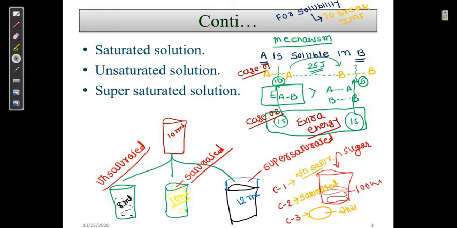So that is what, that is a supersaturated solution. उसमें जो कैपेसिटी है डिसॉल्व होने की उससे भी ज्यादा डिसॉल्व करते हैं, उसको सुपर सैचुरेटेड.